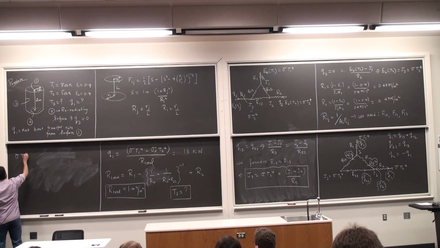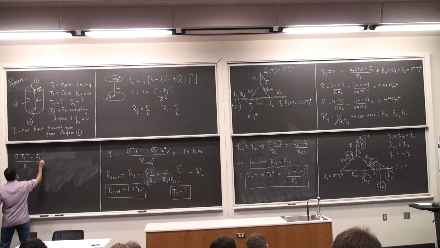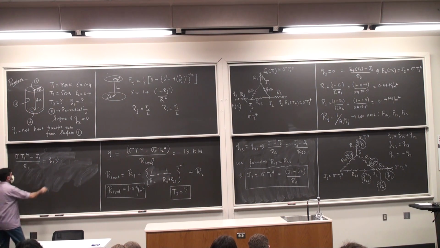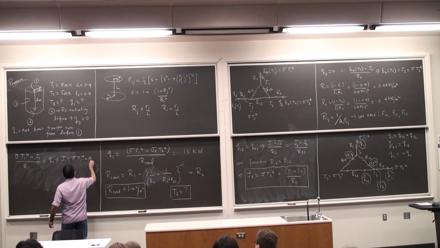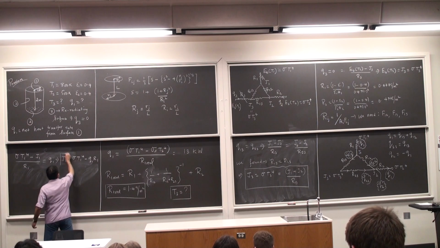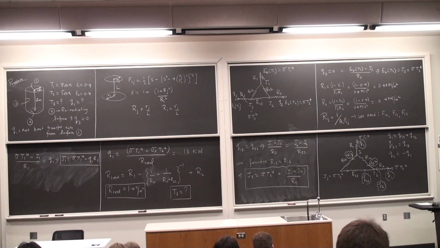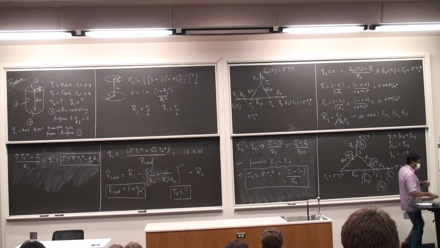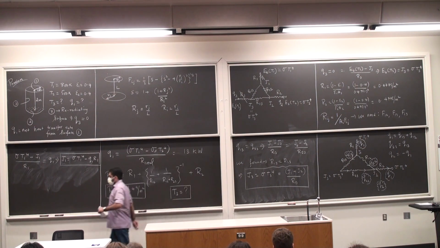Sigma T1 to the power 4 minus J1 by R1 is equal to Q1, which tells me that J1 is sigma T1 to the power 4 minus Q1 times R1. Q1 is 13 kilowatts, R1 is known, T1 is 800 Kelvin. Crank up the numbers, this is what you end up getting. So J1 is 16.96 kilowatts per meter square.